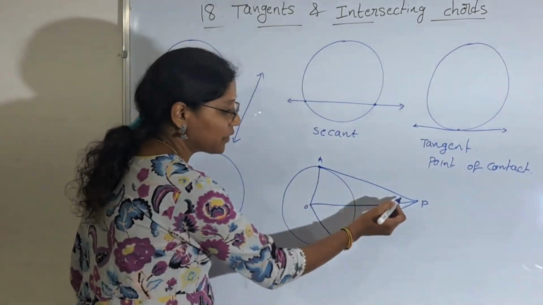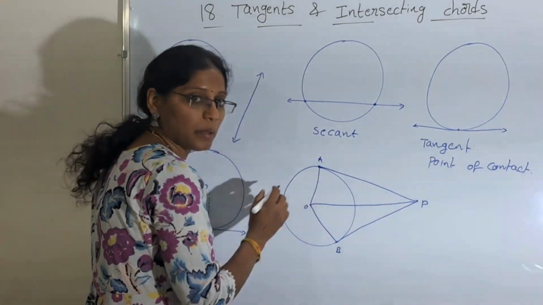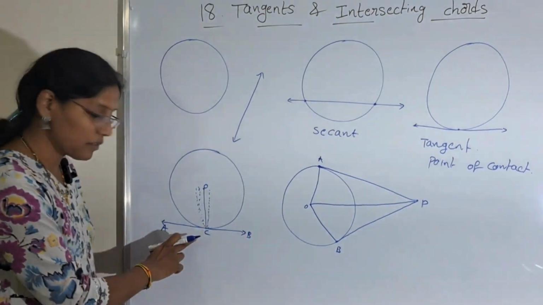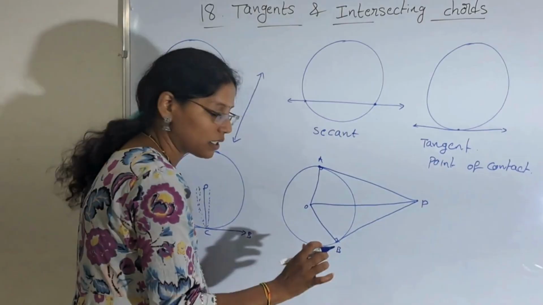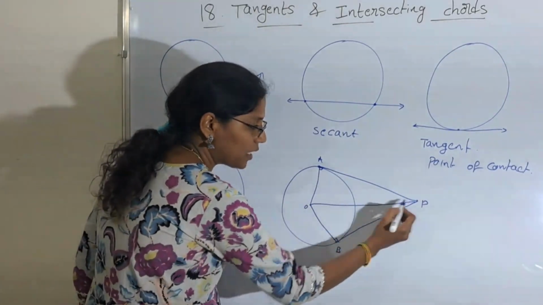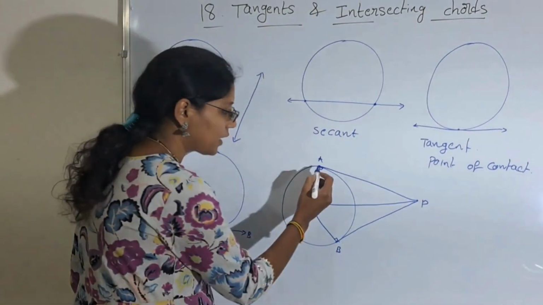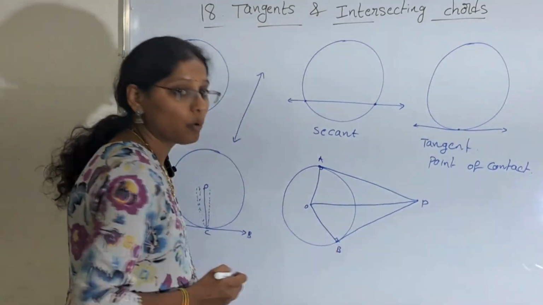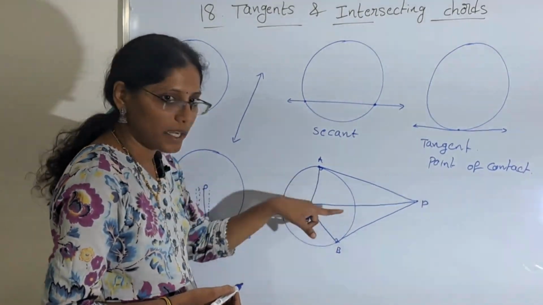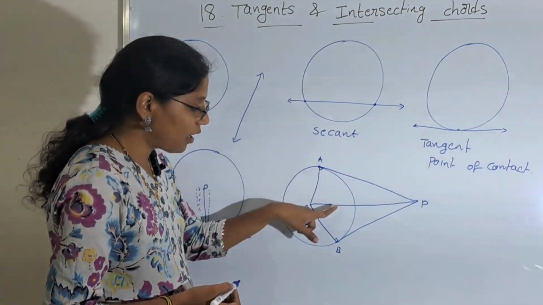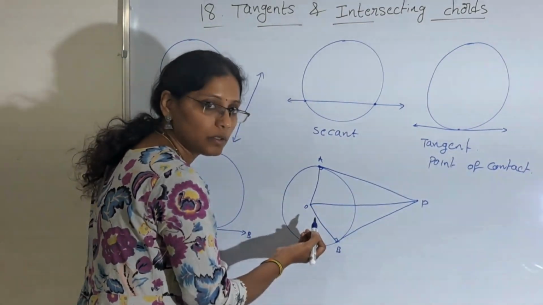First we have to observe here that OA and AP, and OB and BP, are perpendicular lines from this diagram. So this is 90 degrees. One angle we got. Next, here OP is the common side. Next, OA and OB are both radii. Here one side, one angle and this side, so the RHS theorem we can use.